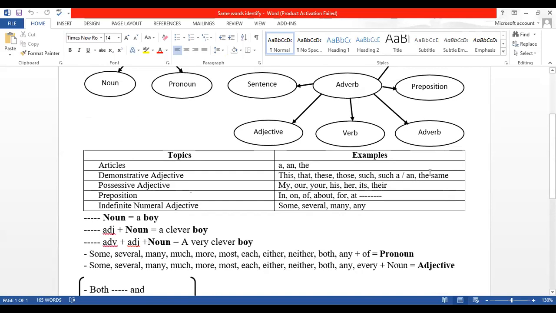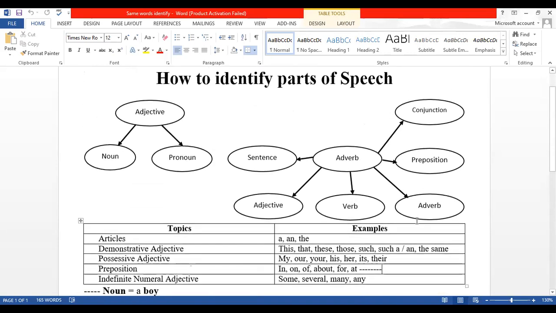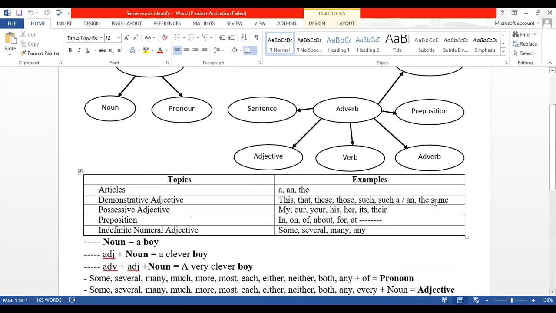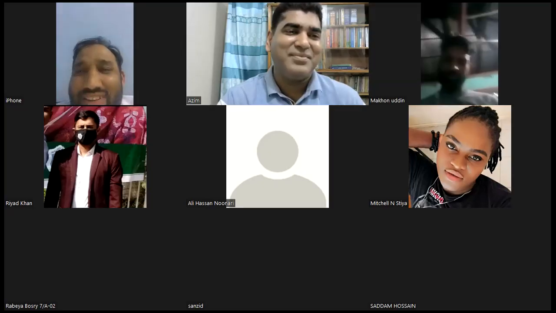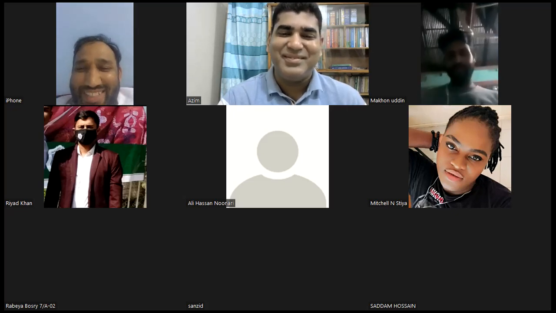If you keep these words in your memory, then it will be okay. You will understand this technique very easily. And if you don't memorize it, then it will be difficult. But okay, this is the best technique to identify any kind of parts of speech within a very short time. Yeah, this is the best technique, and you explained very well. But we will try our best to improve our quick learning skills. Okay.